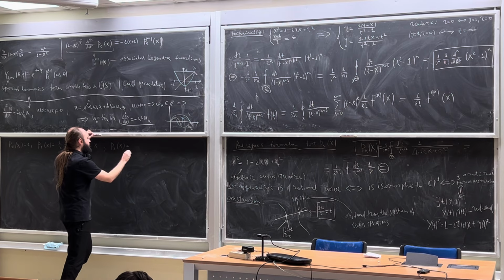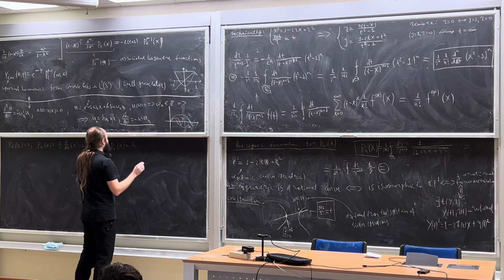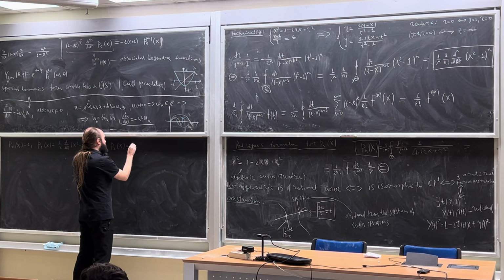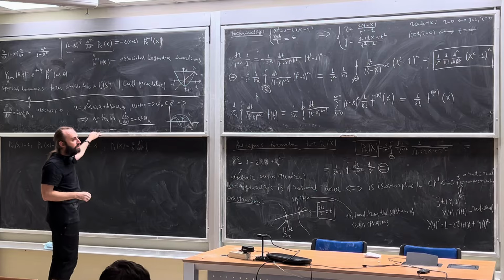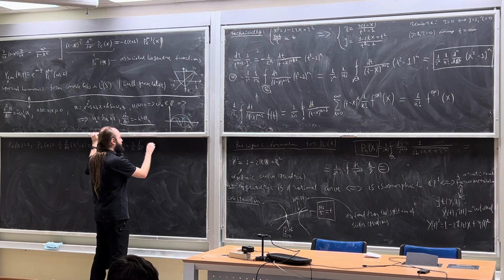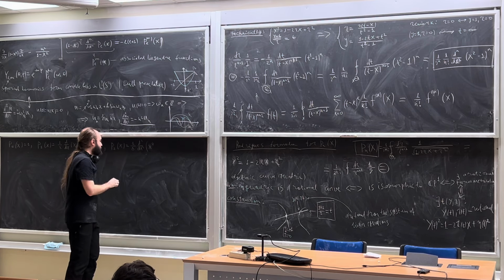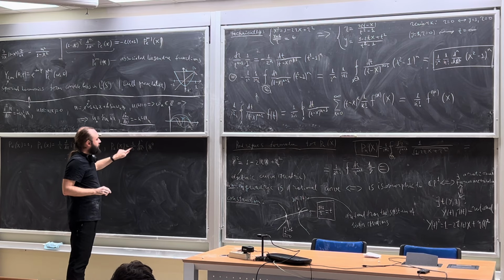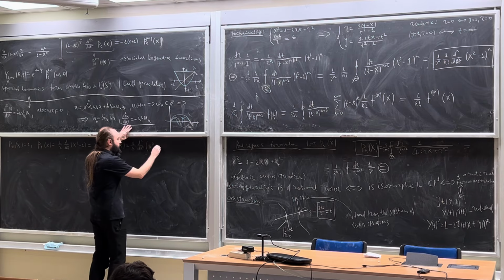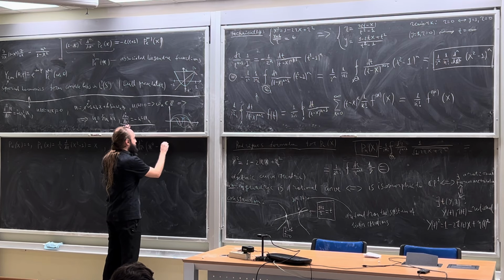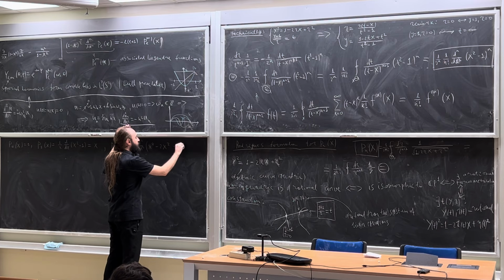P2 of x, 1 over 2 times 2 squared, 1 over 8, d squared over dx squared of x to the fourth minus 2x squared plus 1.